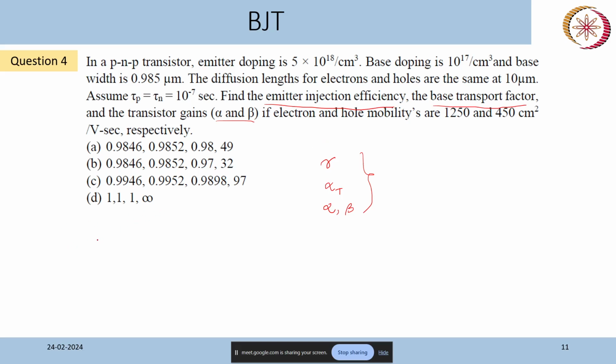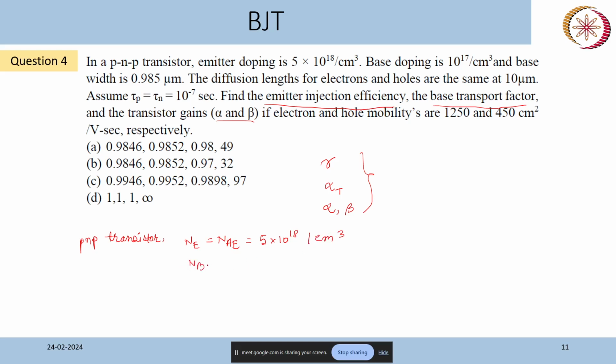Okay, let's go through this question. It is a PNP transistor, and the parameters given are: doping concentration of the emitter, which we can write as NaE, is 5 into 10 to the power 18 per centimeter cube.